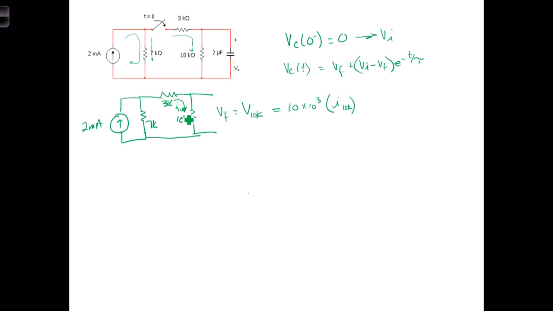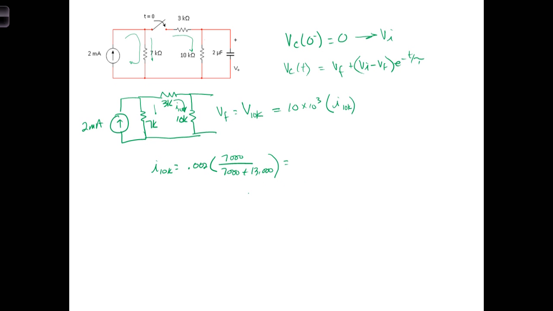Alrighty, well, we can get I sub 10k using a current divider. I sub 10k is going to equal the 2 milliamps, the 0.002, times the ratio of the 7,000 divided by the 7,000 plus the 3,000 and the 10,000 in series. So it'll be 7,000 plus the 13,000.